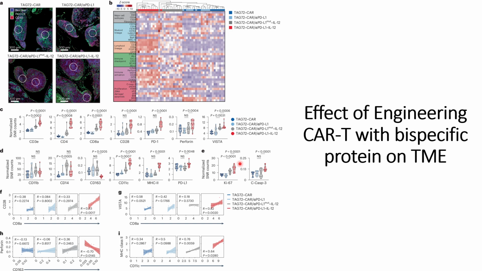We can see that proliferation is high in the case where TAG-72 CAR with anti-PD-L1 and interleukin 2 is used, and similarly apoptosis is also high. The logical reason could be that because of the high immune response, the TME tries to counter the high immune cells by generating more tumor cells. However, it also leads to high apoptosis because of the high infiltration of the immune response.